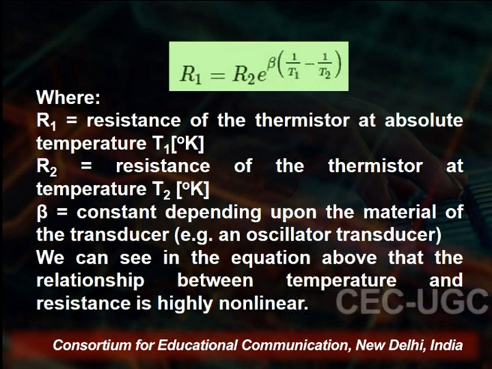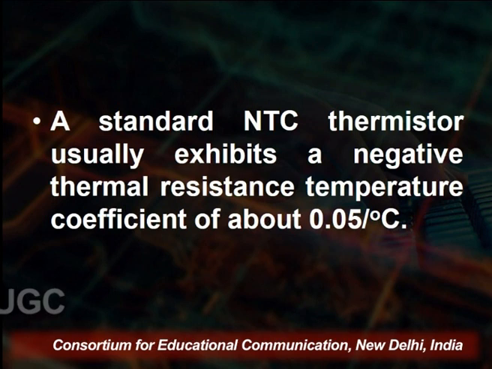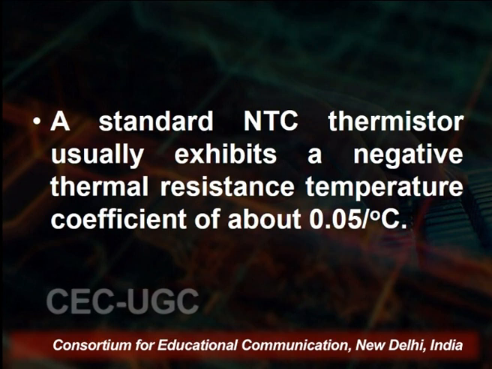Beta is a constant depending on the material of the transducer. As we can see in the equation above, the relationship between the temperature and the resistance is highly non-linear. A standard NTC thermistor usually exhibits a negative temperature coefficient of about 0.05 per degree Celsius.